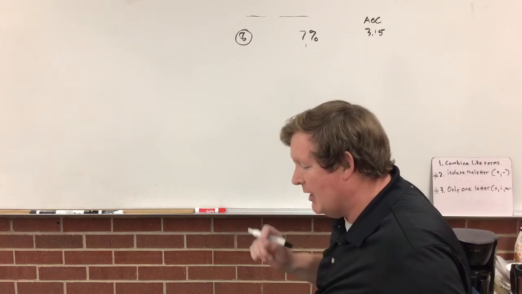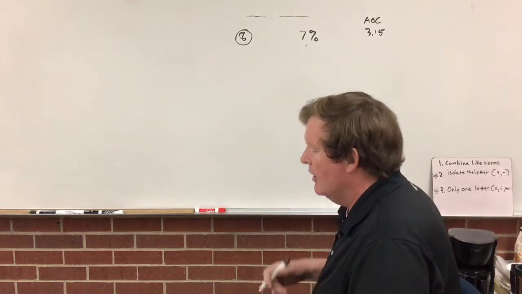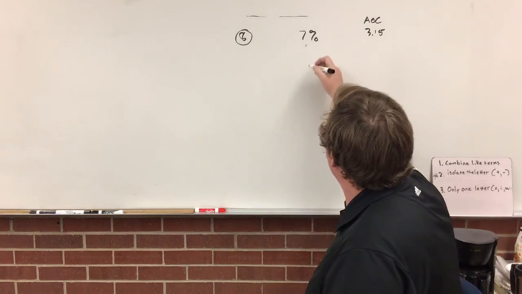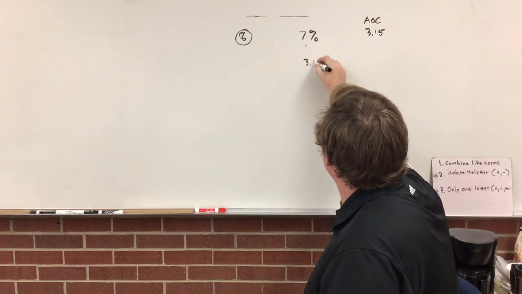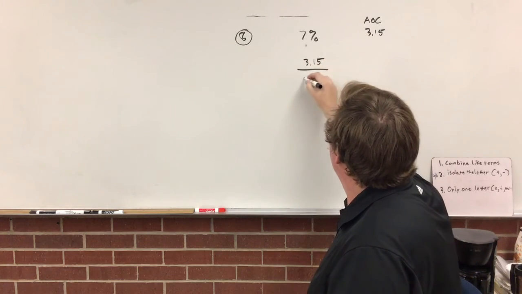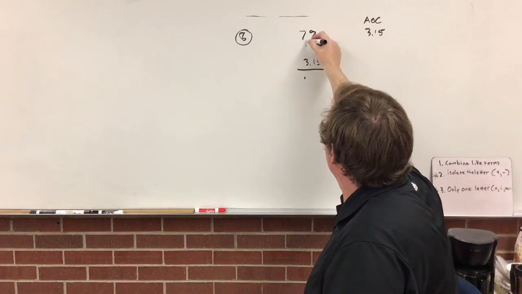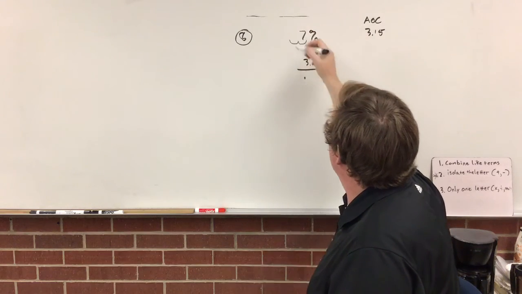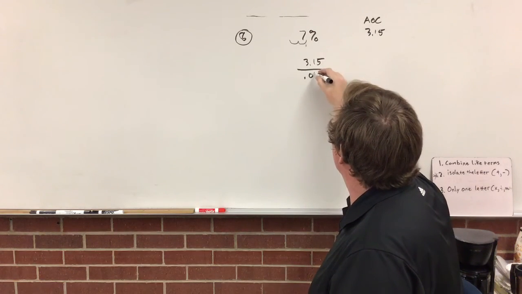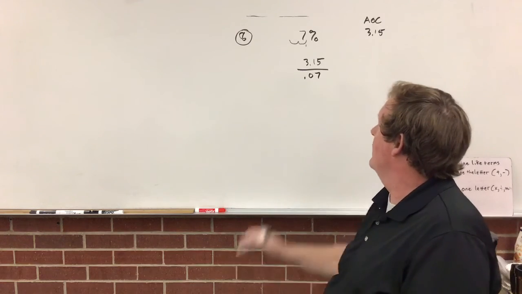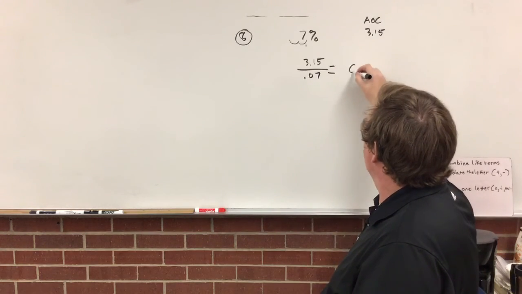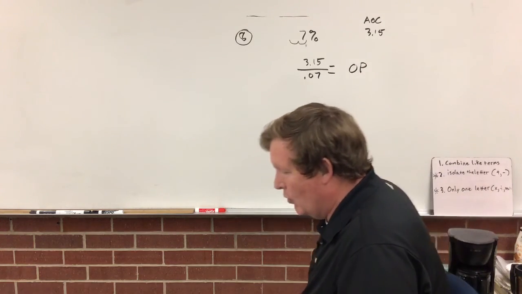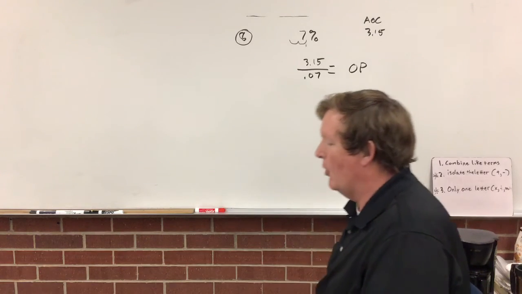This one's like number 6. So on this one, what you've got to do is take the amount of change and divide it by the percent changed to a decimal, which we do by moving the decimal 2 places to the left when we change percents to decimals, and that's what we get. So this will be the old price. One more time, it wants to know both of them.